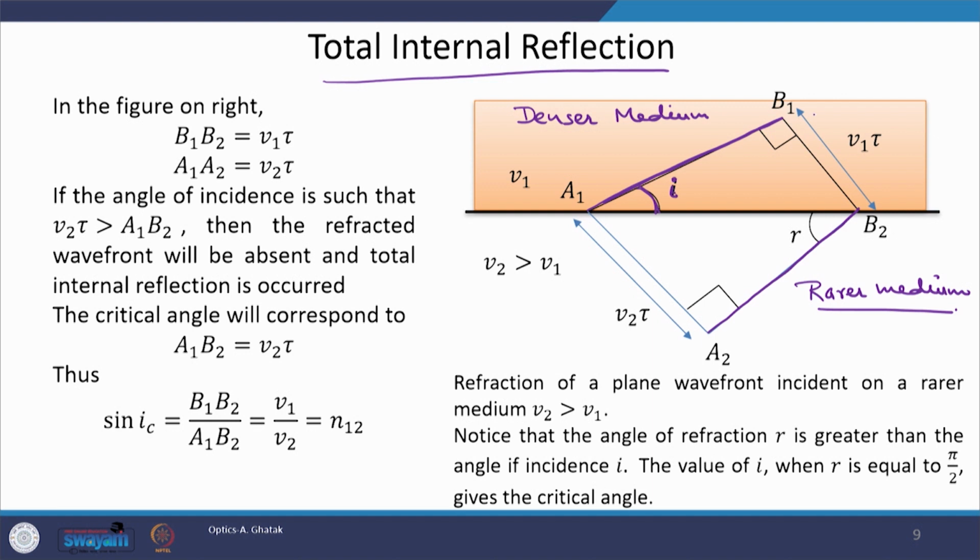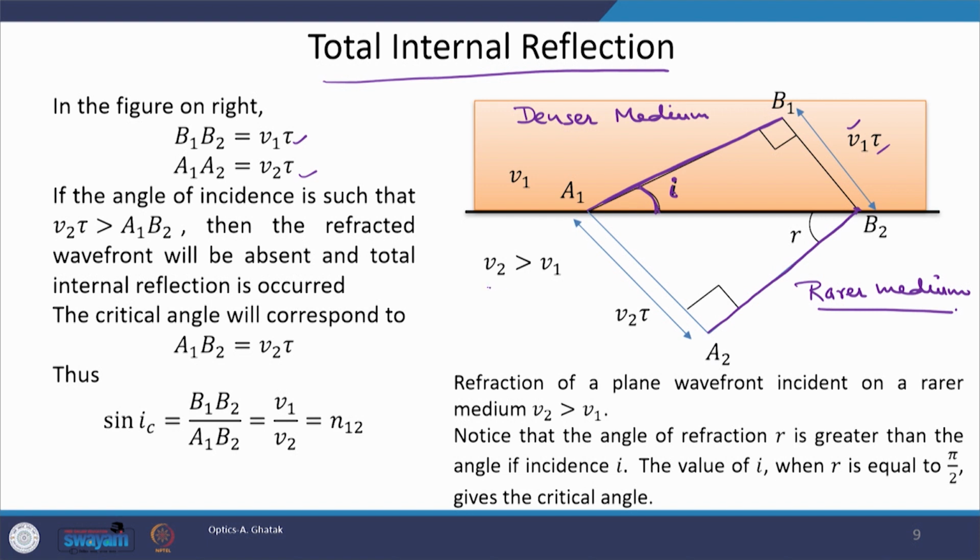Following from our previous discussion, we here again assume that point B1 sitting at the input wavefront takes tau amount of time in reaching point B2 at the interface, and we also assume that V1 is the velocity or speed of the wave in the first medium, the denser medium. Then B1 B2 would be equal to V1 tau, and similarly in the second medium A1 A2 would be equal to V2 tau.